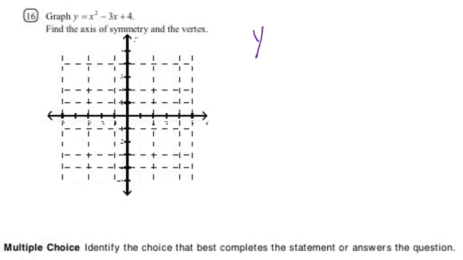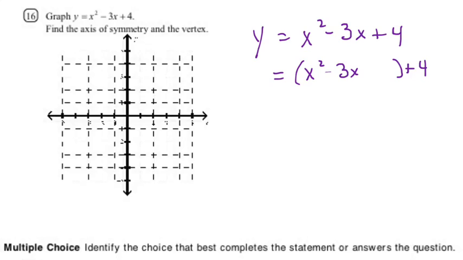Graph y equals x squared minus 3x plus 4. x squared minus 3x, we'll group it. I'm going to take 3 divided by 2 and square it. That's 9/4, so I add that. And I subtract 9/4. In parentheses, we just erase this number I found to add. Now a lot of people have a hard time factoring that.